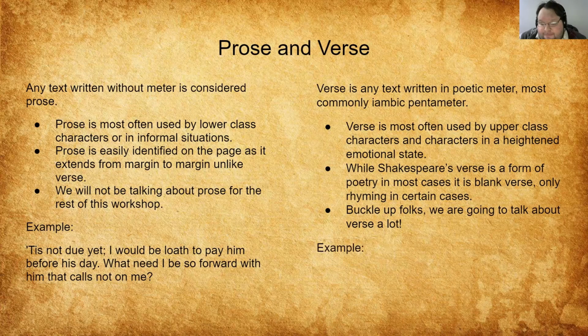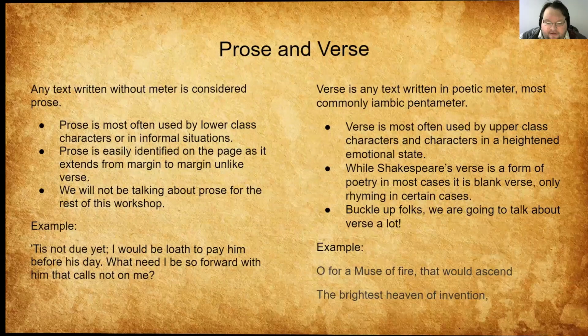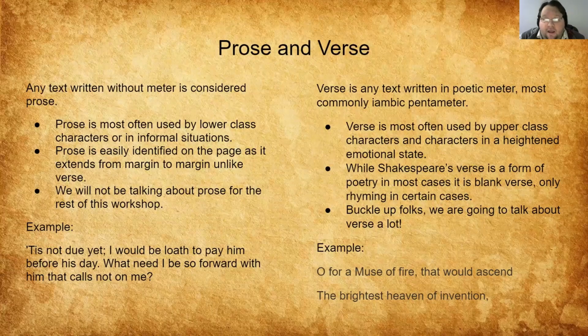And then we have an example of verse here. This is the first couple of lines from Henry V. "Oh, for a muse of fire that would ascend the brightest heaven of invention." Something to keep in mind with first lines is that just because the line ends doesn't mean you should stop.